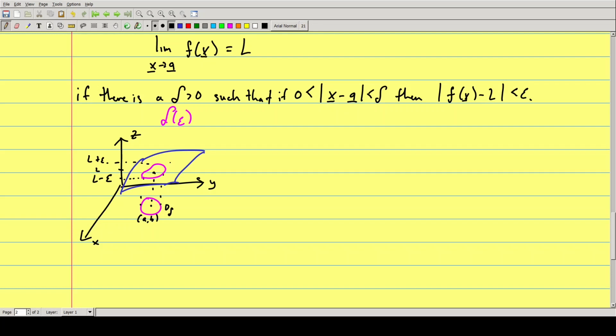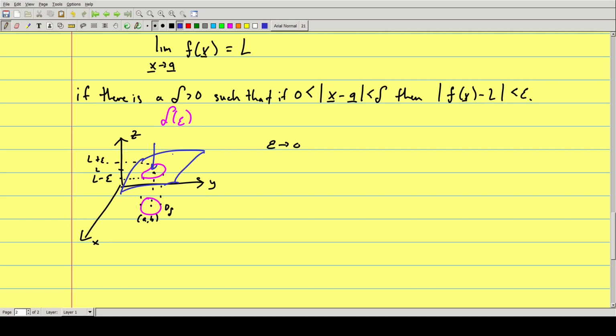And what should happen is as epsilon shrinks, everything should be squeezed down to a single point. This down here will get smaller, and the projection of that onto the surface will also shrink. Now, we've also all taken calculus, and we know that the actual function doesn't need to be defined at that point, right?